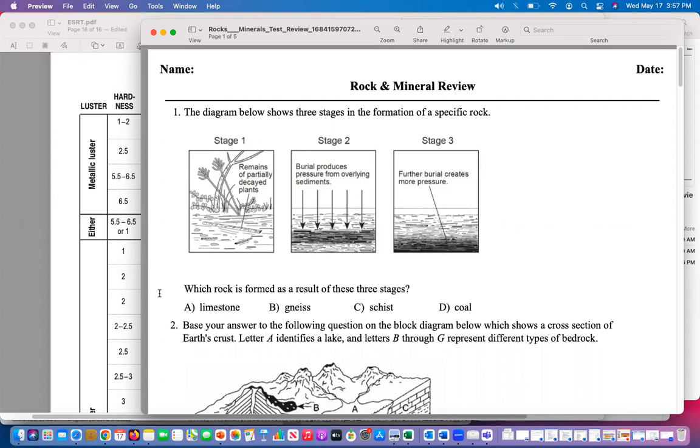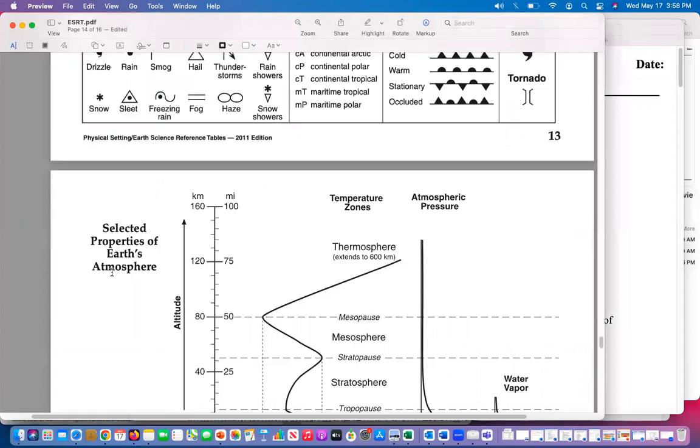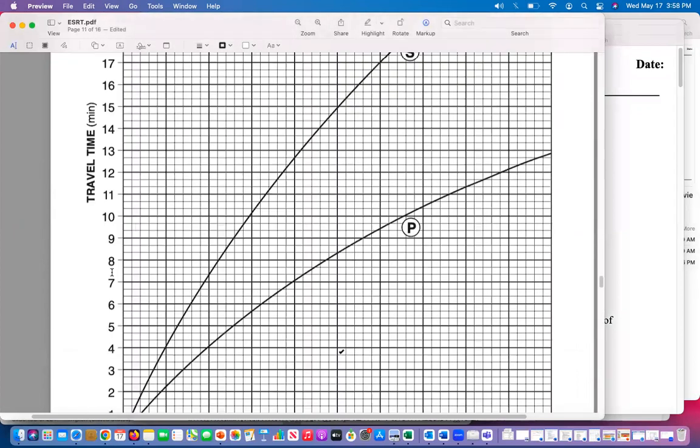Okay. So one of the key things, I'm gonna look at stage one. And stage one, I already see remains of partially decayed plants. I remember seeing something about a rock actually having remains of a plant, from somewhere. So I know it's either going to be in page 6 or page 7 of the reference tables.